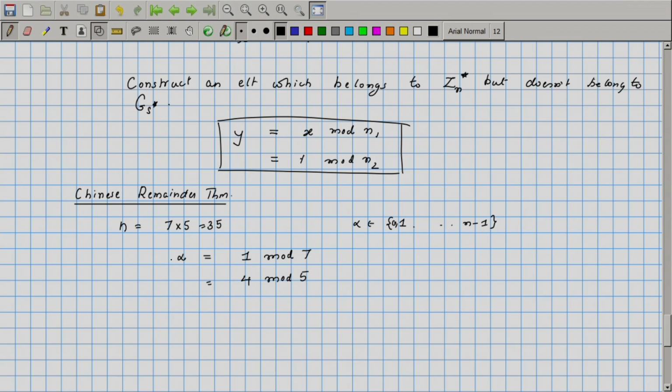So, can we find an alpha which satisfies these conditions?